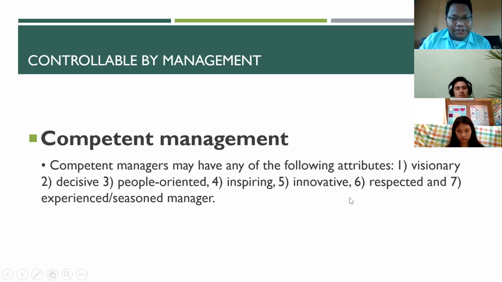A competent manager is a respected person because, since a competent manager knows how to deal with people, he or she could position himself in a manner that could elicit respect. Lastly, a competent manager is an experienced or seasoned manager.